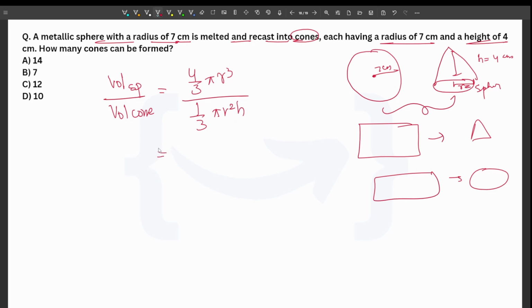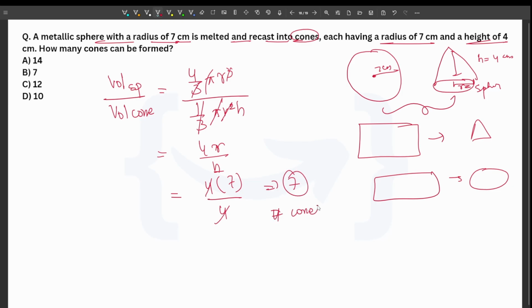This is simple and easy. So 1/3 and 1/3 will go away, pi will go away, r square and r will go. So it will become 4r by h, isn't it? Now do we have r? Yes, r is 7. And the height we have is also 4. 4 will go away. 7 is the number of cones that you will create if you melt this particular sphere.